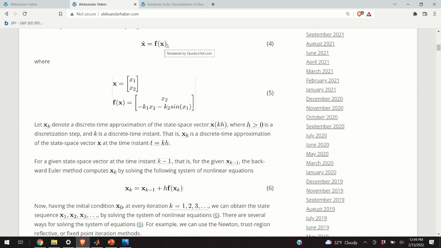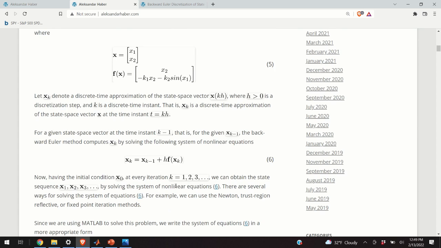Now, having knowledge of xk minus 1, and assuming that this value is computed at the time instant k minus 1, our goal is to solve this system of nonlinear equations. I said this is a system of nonlinear equations. Well, we can observe that on the right-hand side of this equation, we have xk. Consequently, equation 6 is a system of nonlinear equations.